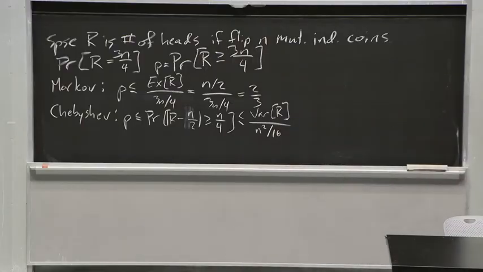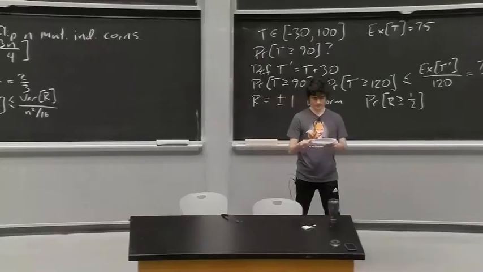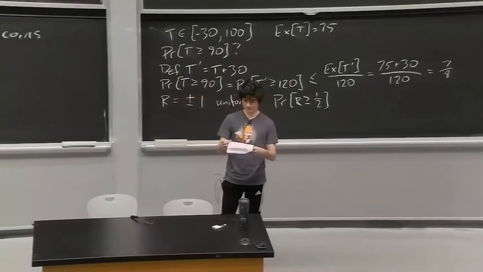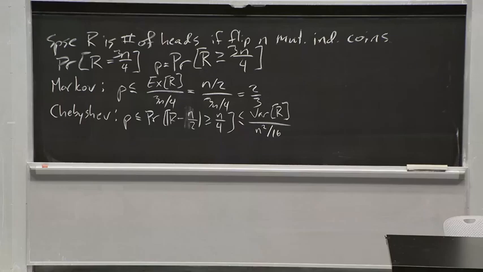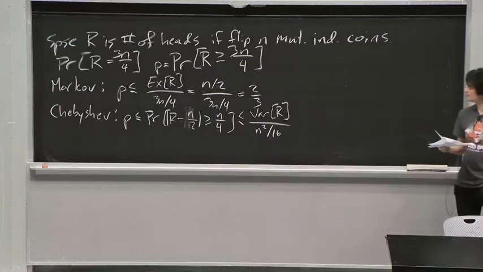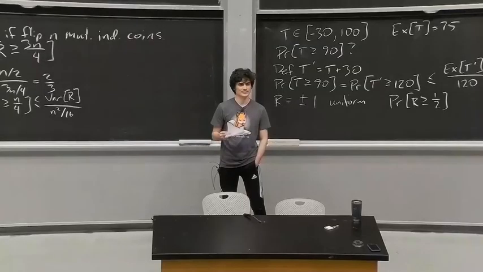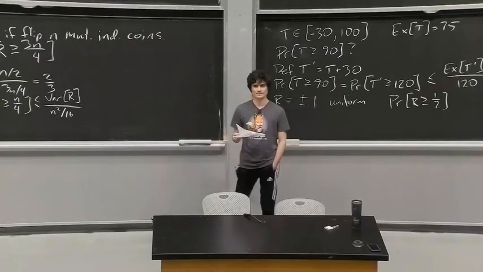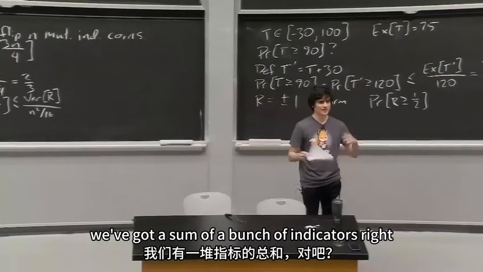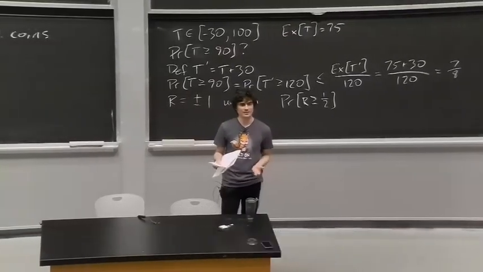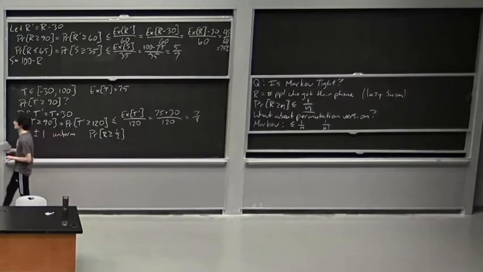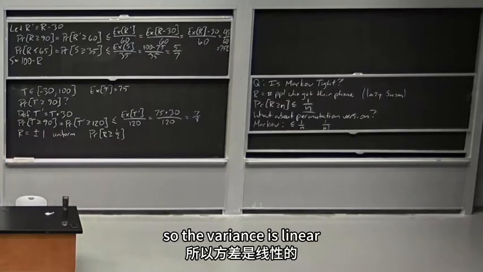So what is the variance of R? Does anybody remember? We've got a sum of a bunch of indicators, and they're all mutually independent, so the variance is linear.